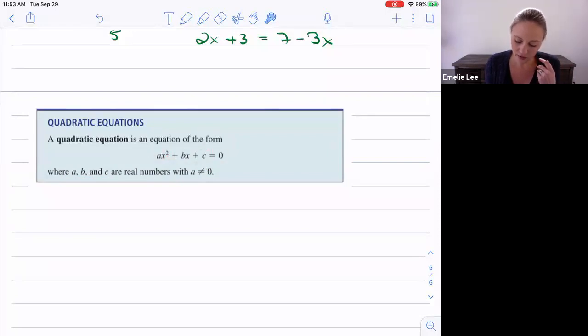Okay, and so what's nice about quadratic equations is that we're able to find solutions.